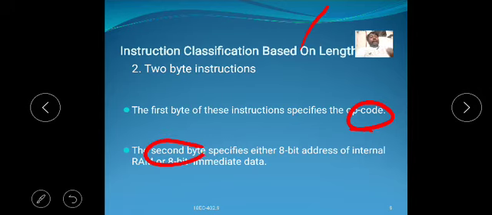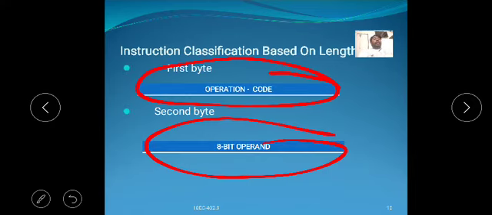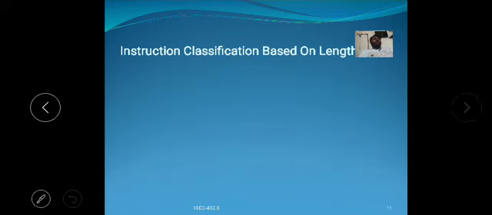The second byte specifies the 8-bit address of the internal RAM or 8-bit immediate data. The first byte operational code, the second byte 8-bit operand or 8-bit internal RAM address.